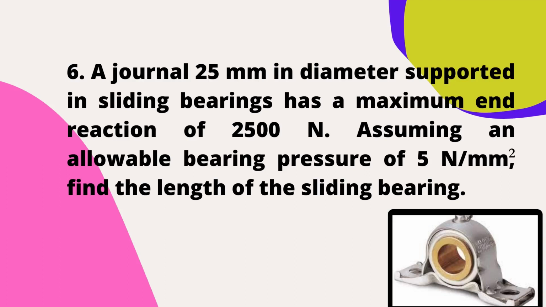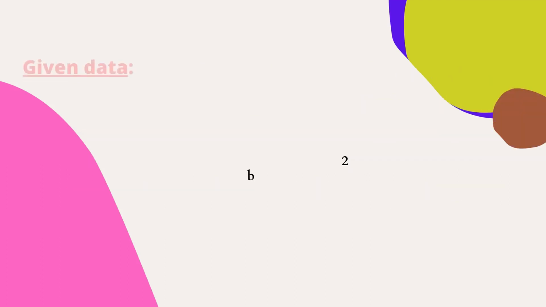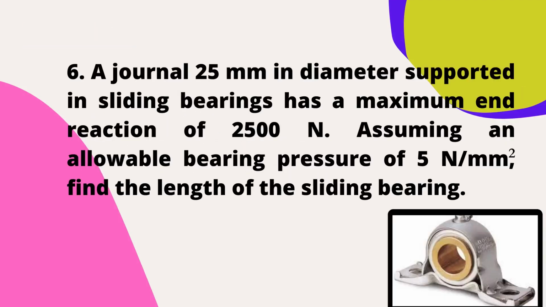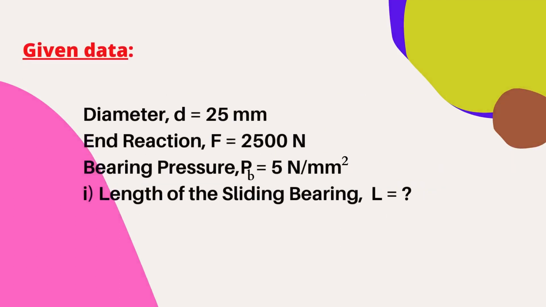So we'll list out the given data first. A journal bearing 25 mm in diameter. So the diameter of the journal bearing is 25 mm, that is denoted by D. Supported in sliding bearing has a maximum end reaction of 2500 Newton. This end reaction can be considered as the force. That force F is equal to 2500 Newton.